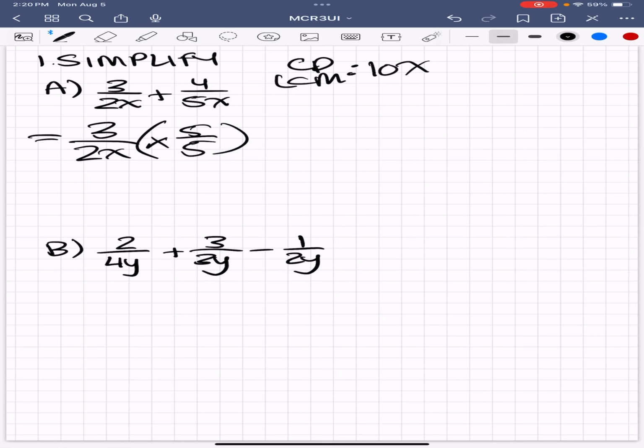To get 10x on the bottom, I multiplied it by 5 over 5, and we're going to multiply the numerator by 5 and the denominator by 5. Plus 4 over 5x, multiplied by 2 over 2 to get a common denominator of 10x, and the numerator is going to be multiplied by 2 as well.